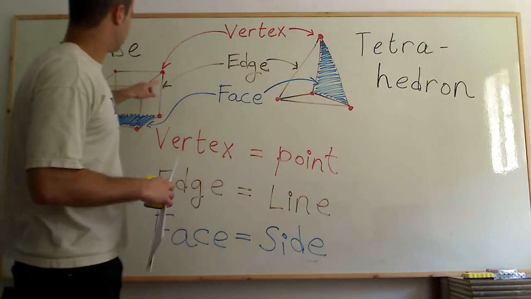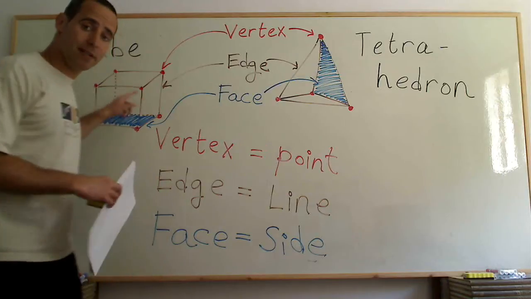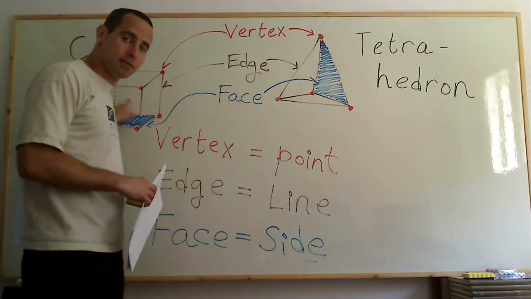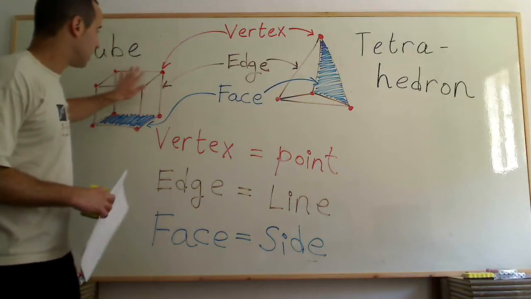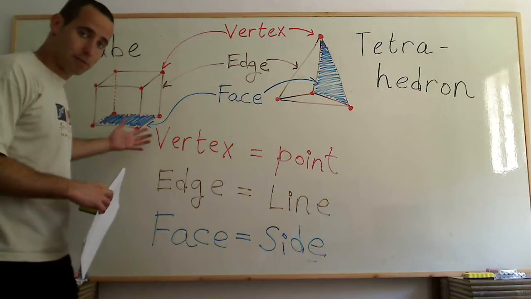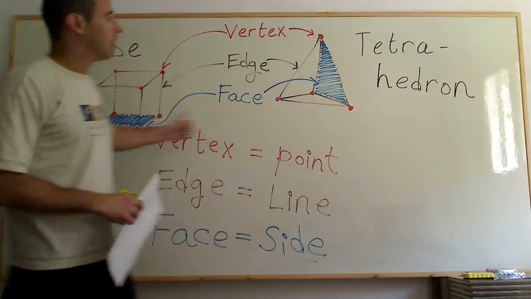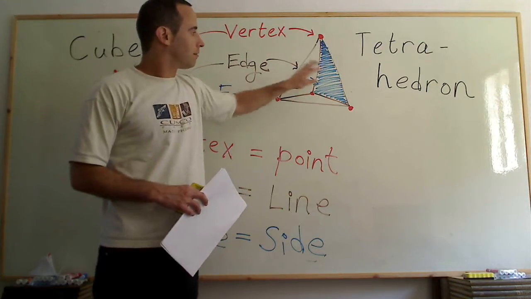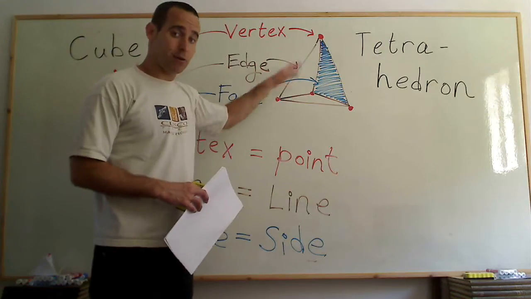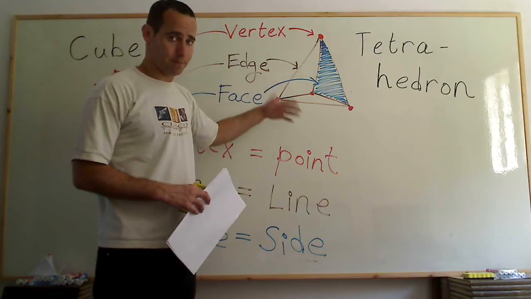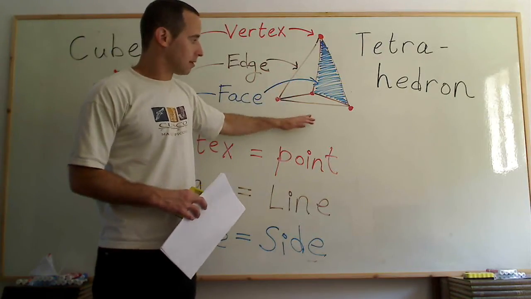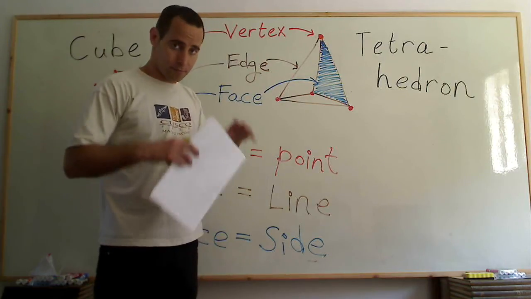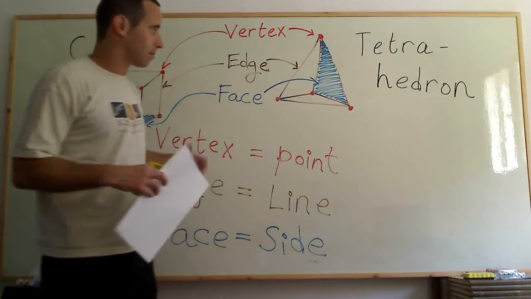All the faces of the cube are made of squares, 6 squares, they are all the same, so it's beautiful. The same way a tetrahedron is made from triangles, and all the faces are the same, so it's also beautiful.